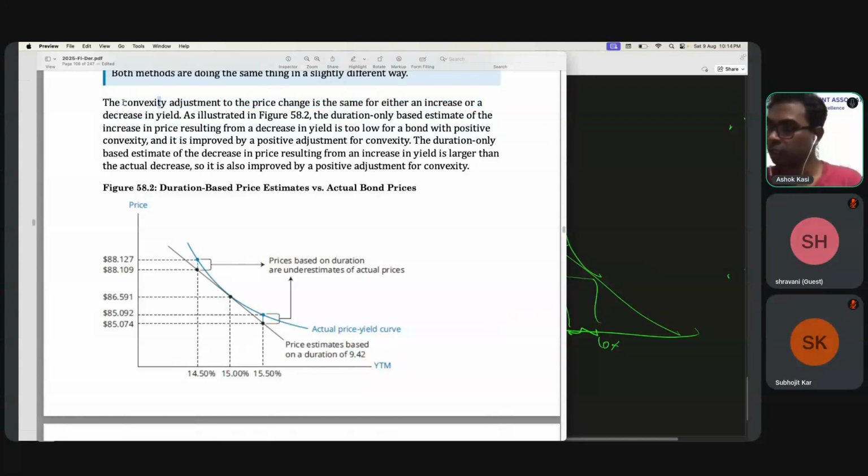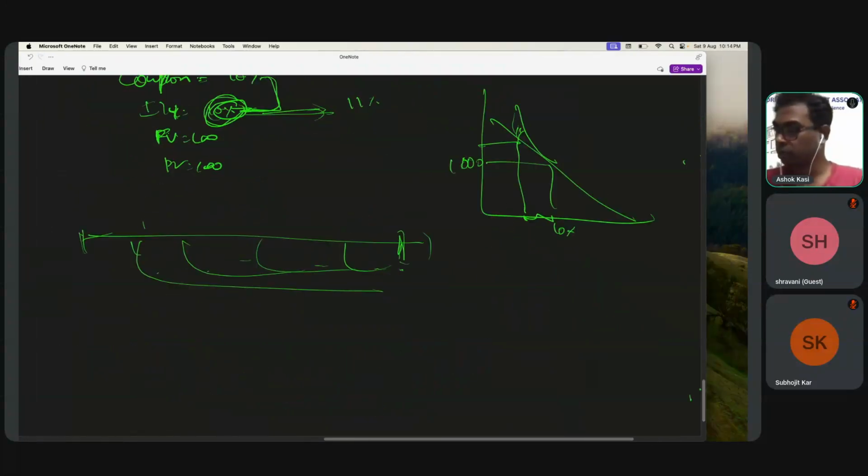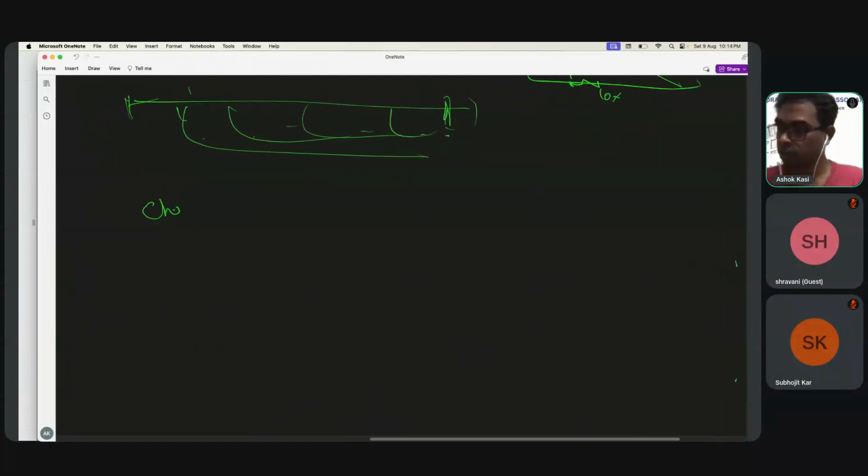Can you understand this line? Remember when we were doing sums last time, be it increase or decrease, the right hand side of the change in bond price, this was our formula, right?